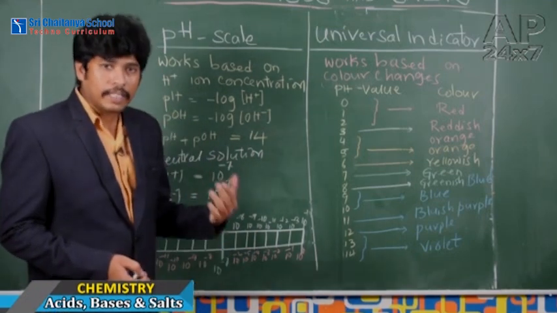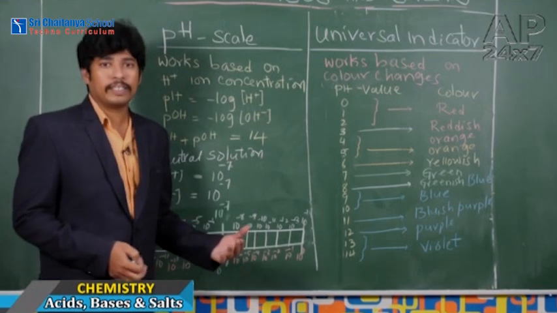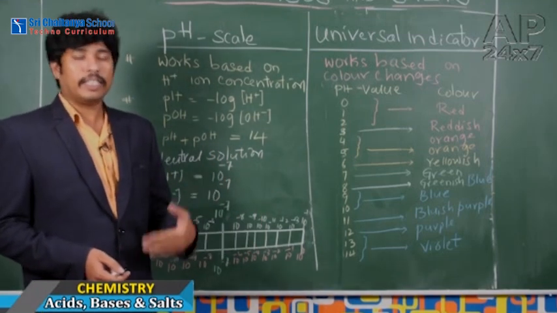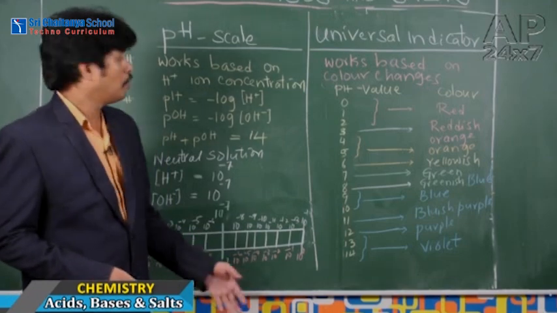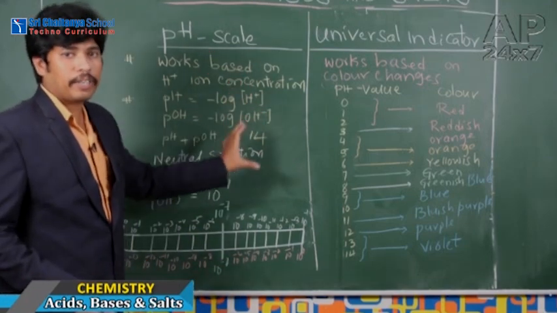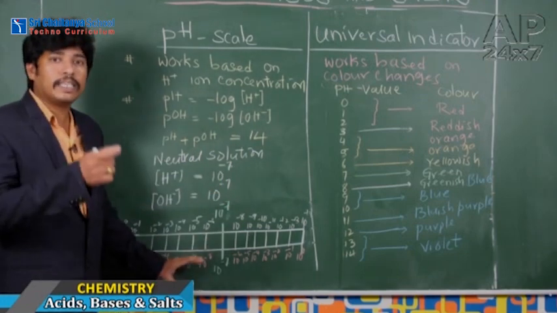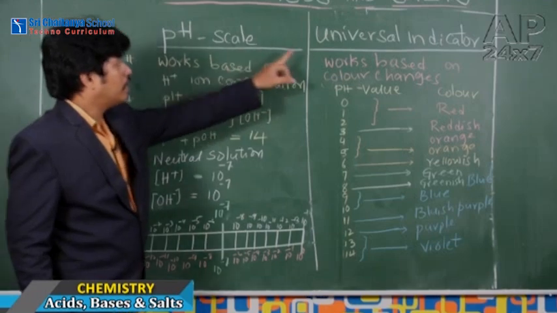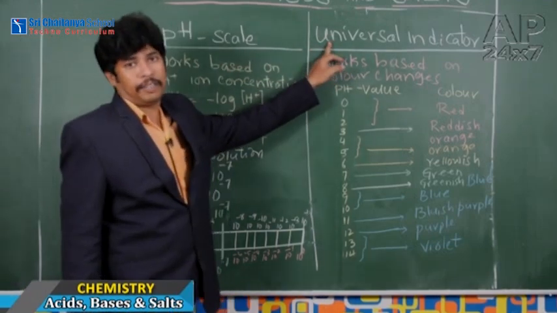But if you want to decide the nature of acids, which one is the stronger acid and which one is the weaker acid, in the same way in case of bases also, we have another kind of indicators. These are very important indicators to decide the strength of acids and bases, that is the pH scale, and the second one is universal indicator.